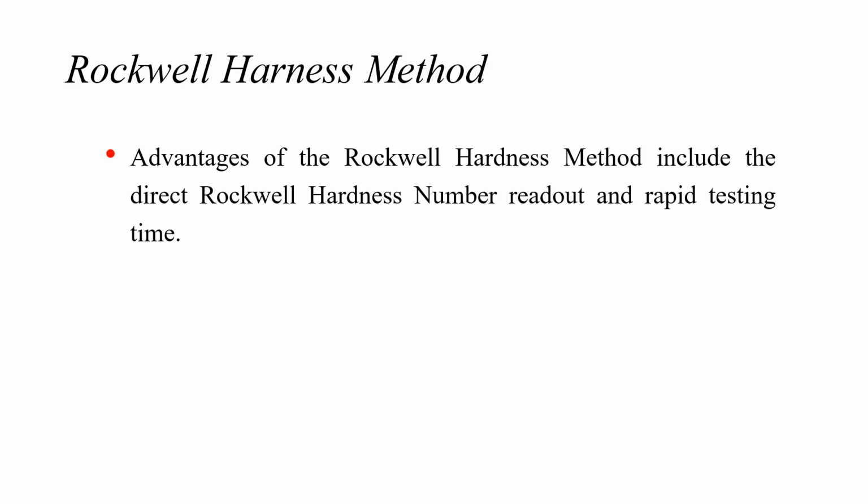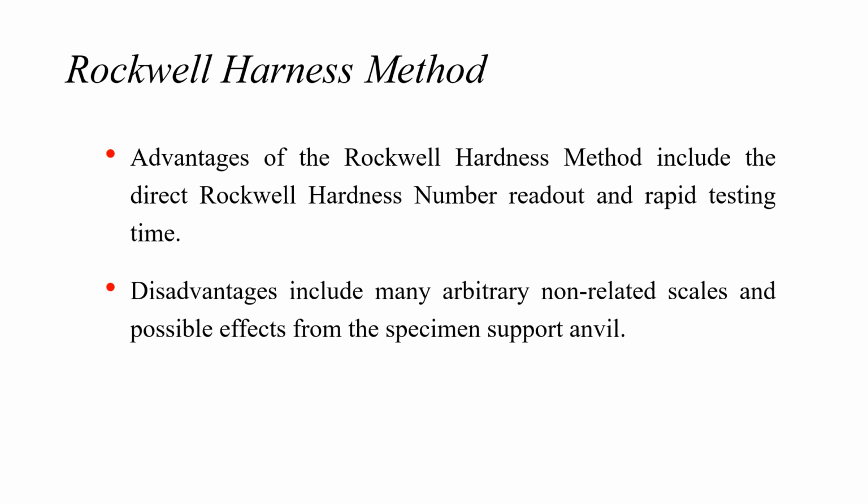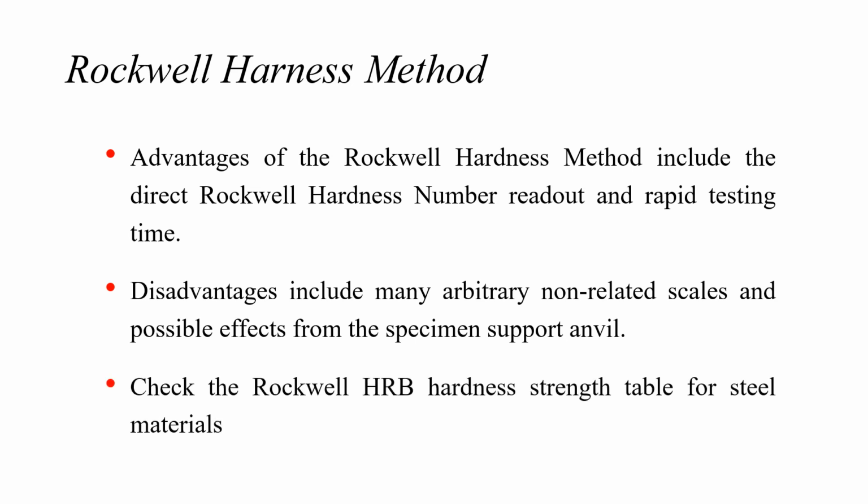If there are advantages, there are disadvantages as well. For example, many arbitrary and non-related scales and possible effects from the specimen support anvil. Please check the Rockwell HRV hardness strength table for the steel materials that you have in your document.